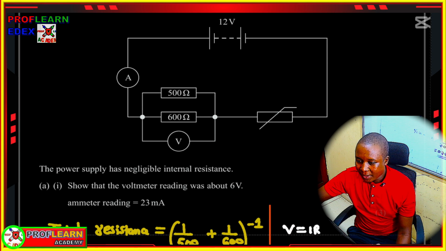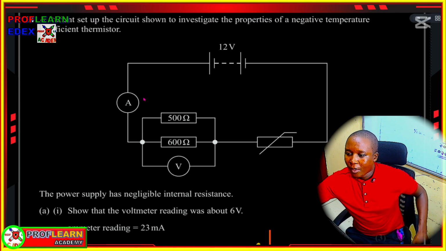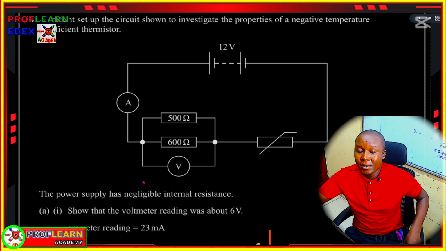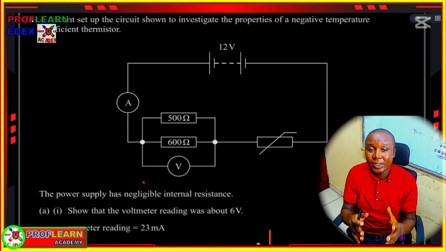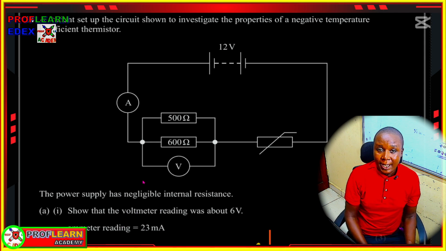Show that the voltmeter reading was about 6 volts. The total voltage supplied here was 12 volts. The ammeter reading, which means the current running through the circuit, is 23 milliamperes.